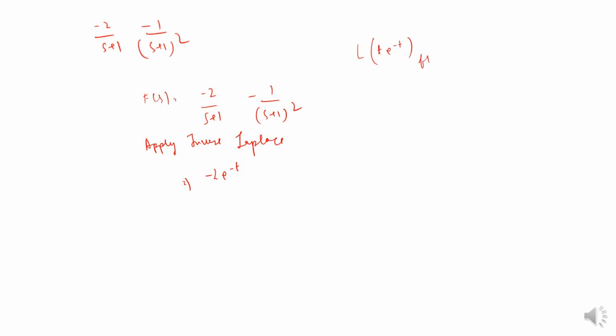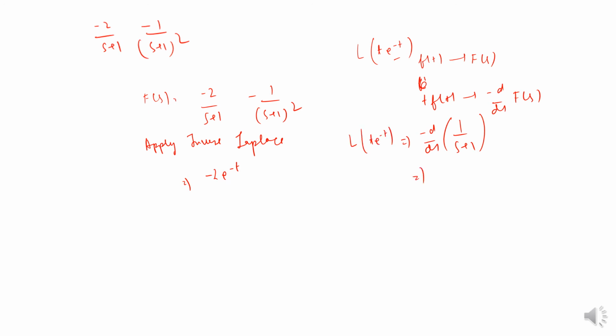We know that f of t is transformed to f of s, and t into f of t is transformed to minus dou by dou s of f of s. For e power minus t it is 1 by s plus 1. As we have t, then minus dou by dou s of this one. So this is the Laplace transform of t e power minus t.